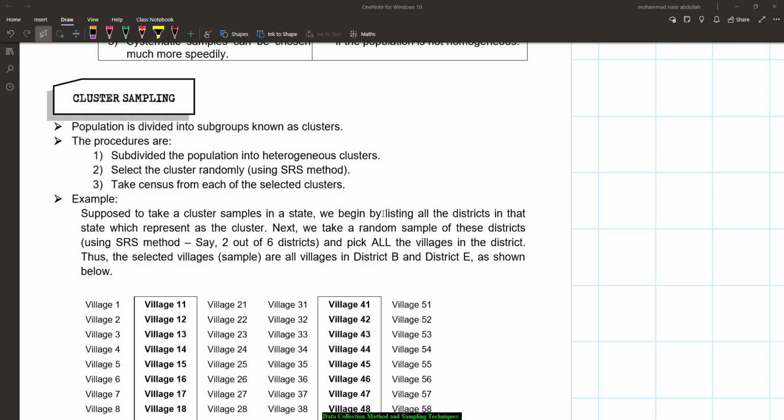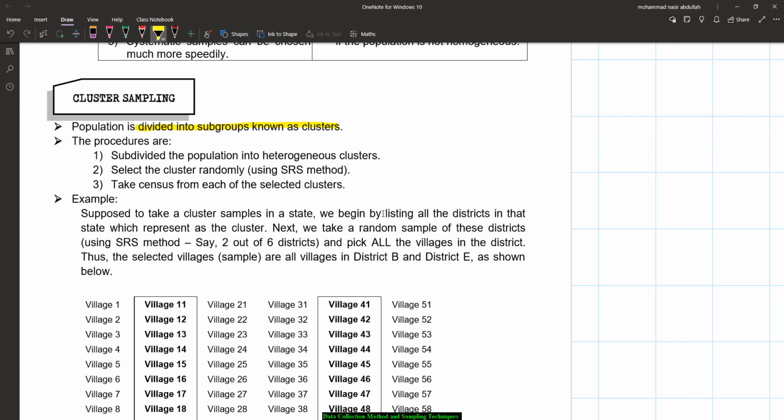So the cluster sampling method divides the population into subgroups known as clusters. Remember the difference between cluster and stratified. Cluster is suitable when you have a very large population. Stratified is for a very small population.